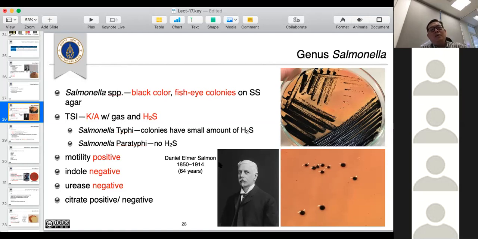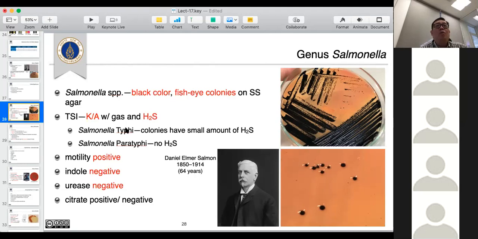You probably heard of Salmonella typhi, Salmonella paratyphi, whatever. They are not species of Salmonella. They are serotypes. Salmonella contains, I'm not sure, about 1,000 serotypes. It's quite a lot.